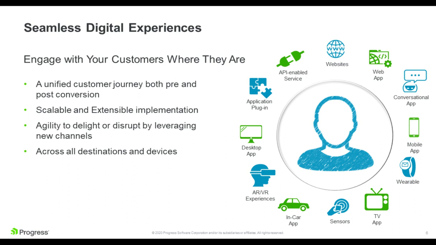Because when you're able to scale and deliver on these seamless digital experiences, you're able to have a very nimble, a very agile team. And with the technology, you're able to spin up and spin down so quickly. Now you can pivot according to where those customers are and how they want to be engaged with.